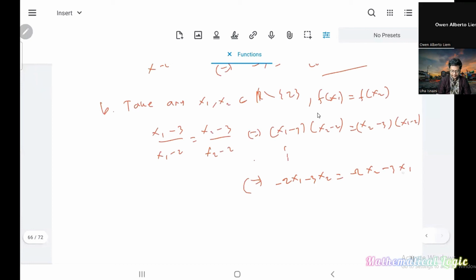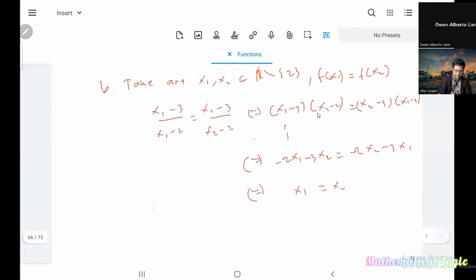So just add 3x1 on both sides, so you have x1, and then you can also add 3x2 on both sides, so you have x2. So that's why we got that f is injective.